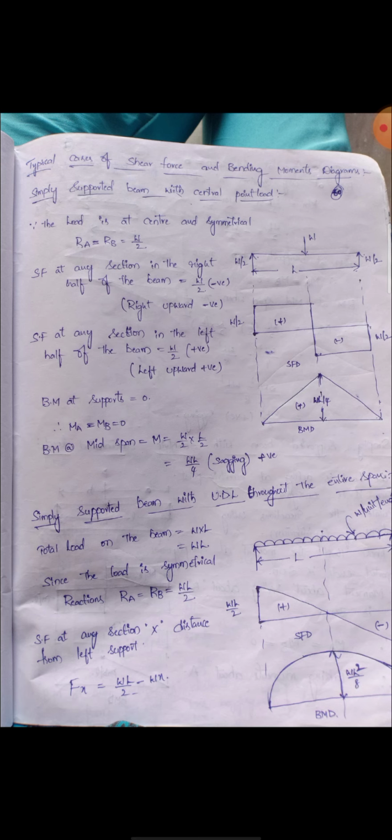W is located at the center, so that's why W by 2. Now, shear force at any section in the right half of the beam, considering the right half of the section. The section is taken at the center. The shear force value is W by 2. For shear force, only loads are considered.